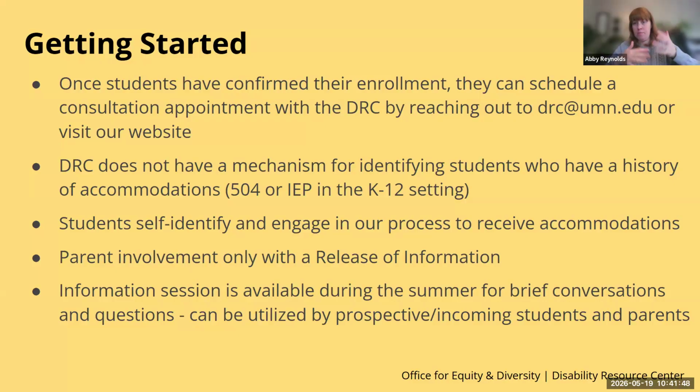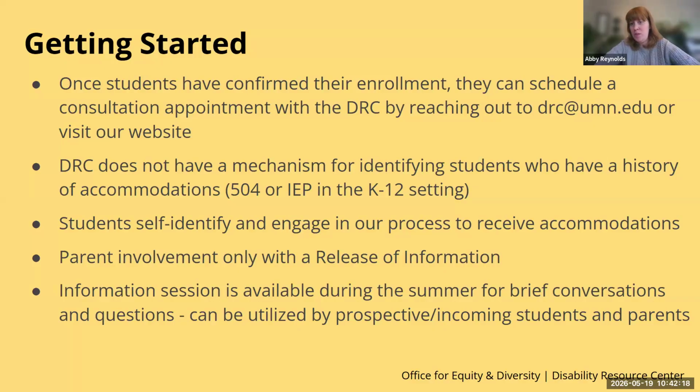But the DRC, us and all other DRCs across the country and universities, don't have a mechanism for identifying students who have accommodations in the K-12 setting. So like a 504 or an IEP, that information doesn't get shared over from K-12 institutions. Students do have to self-identify if they want to use accommodations in the college space, so they would need to go through the process of reaching out to us.